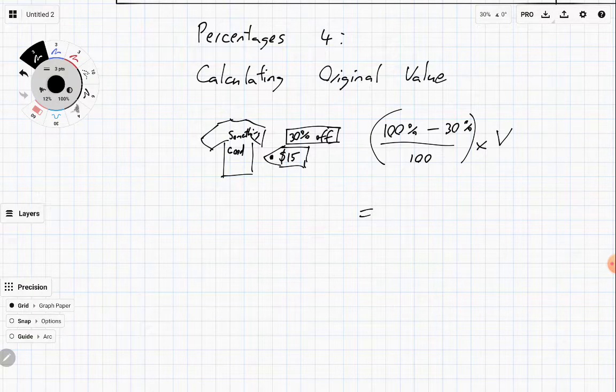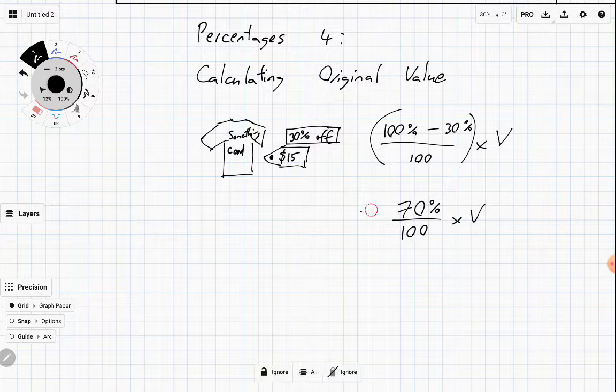This is the calculation we did last lesson. So we get 70% over 100 times value. And the question is, well, we actually don't know what value is, but we do know what this whole thing is equal to, right? That's equal to $15.